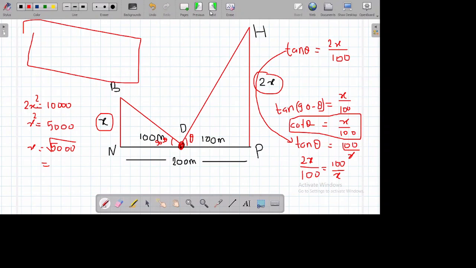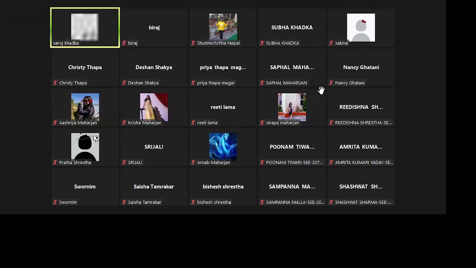Okay, so my dear students, we have already discussed lots of questions from height and distance. Now what you can do is, please go to your textbook and at least try question number 1, 2, and 3. There you can see the word problems. First of all, read the questions 2 times, 3 times, 4 times, until you understand. Then try to figure it out.